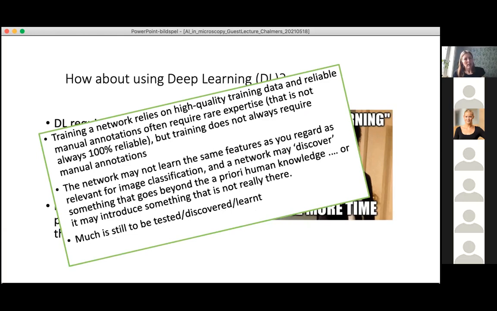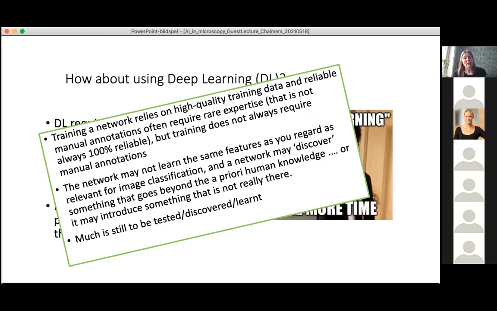And this is also not always 100% reliable. But what is really important is that the training does not always require manual annotations. There are many ways to come around it. There are in many cases where you can have alternative staining approaches or alternative imaging approaches that can provide the guidance for training instead of manual annotations.